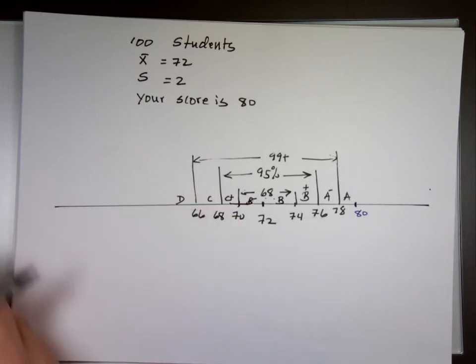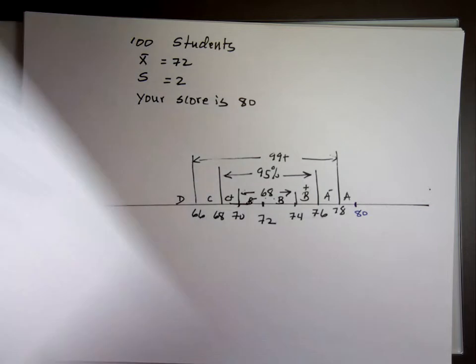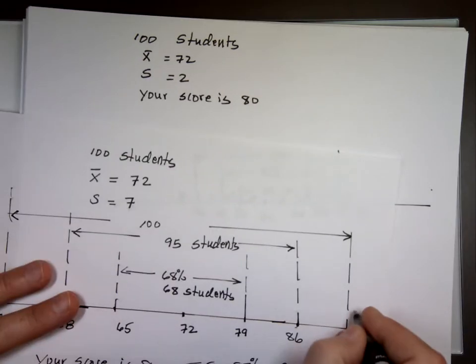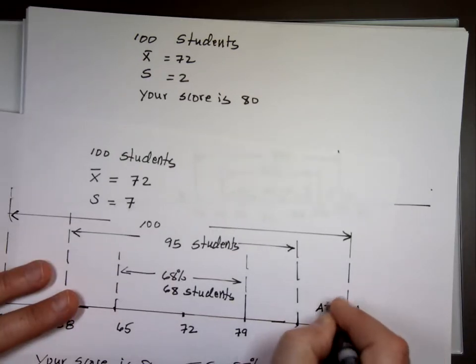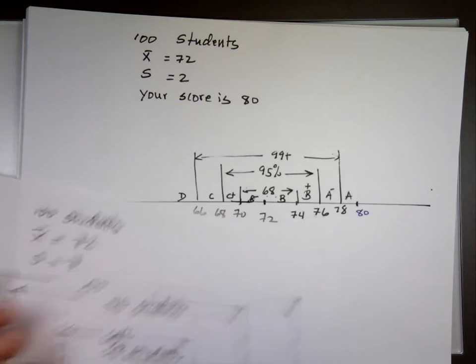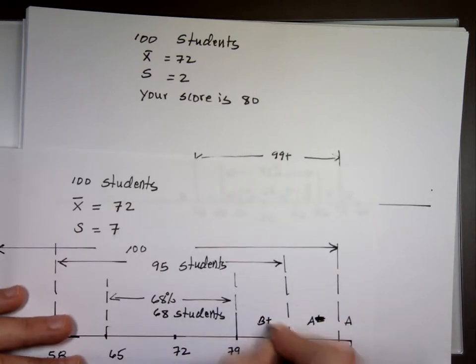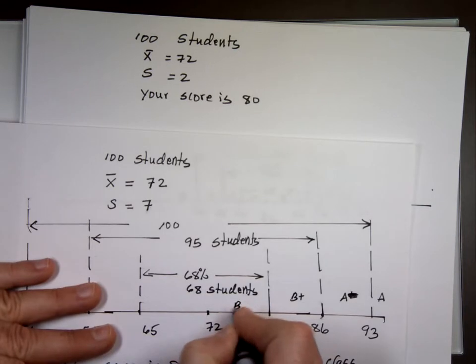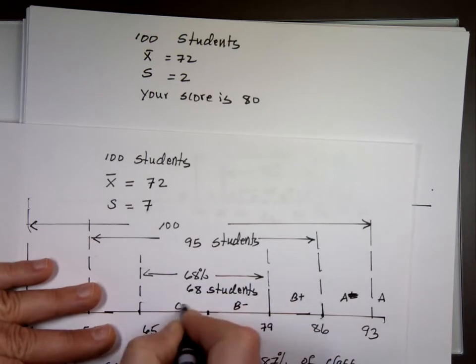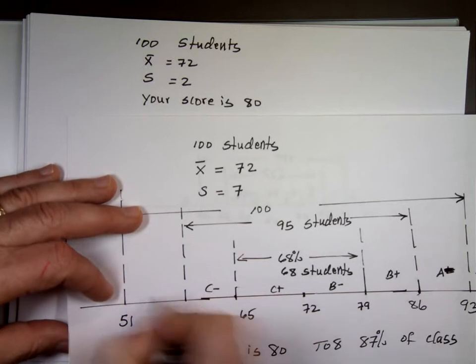Compare it to someone who does this. Same thing, A plus, well, there's no A plus, A minus, B plus, B minus, C plus, C minus, D plus, and D.